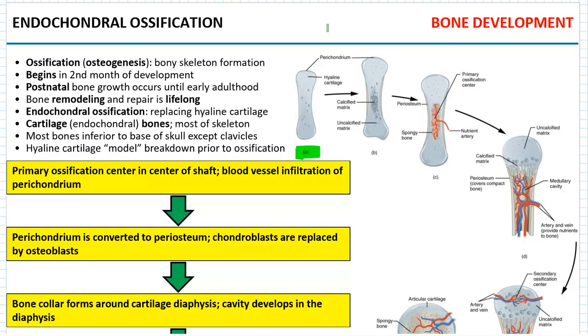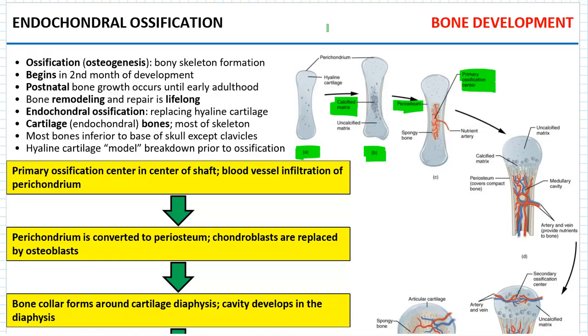First, it calcifies. After that calcification, cartilage starts forming periosteum that surrounds it, and in the center of that cartilaginous shape, the primary ossification center forms.